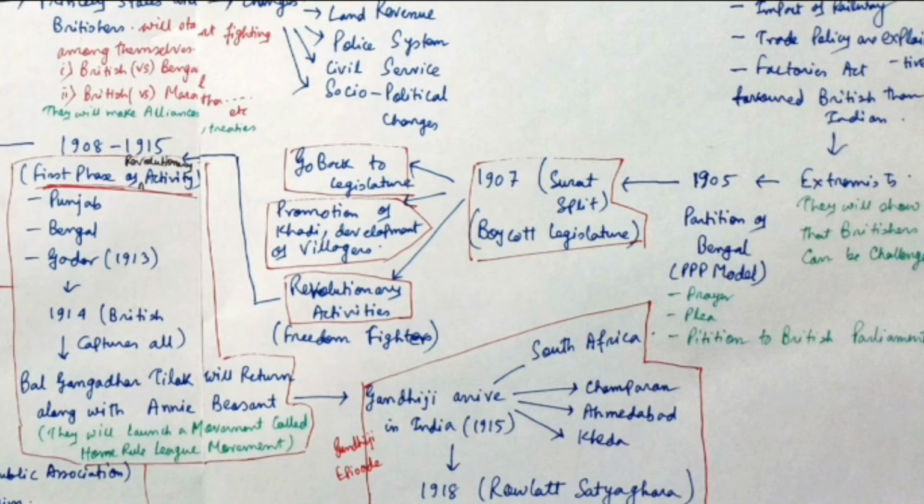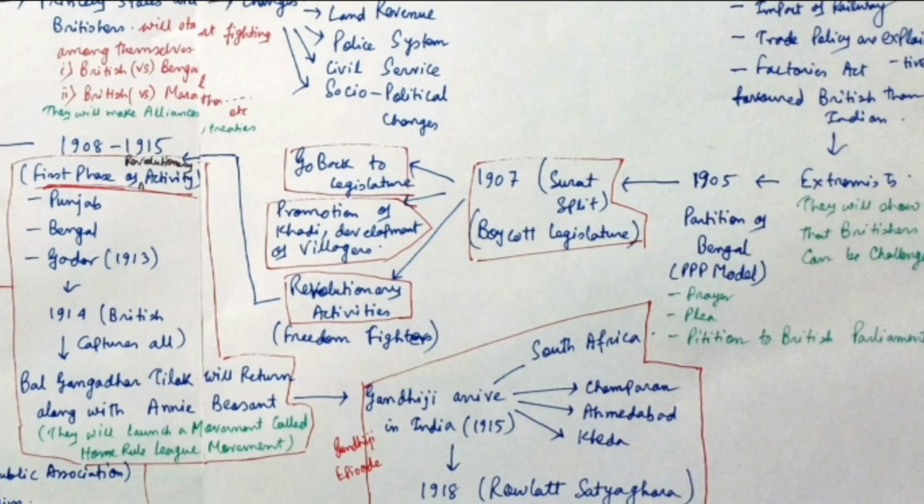All right. And another event that happened in between this first phase of revolutionary activity, and that is Gandhiji. All right. Now Gandhiji will arrive in India in 1915. Remember this date. In 1915 Gandhiji will arrive, and before that Gandhiji will do some activities in South Africa as well.